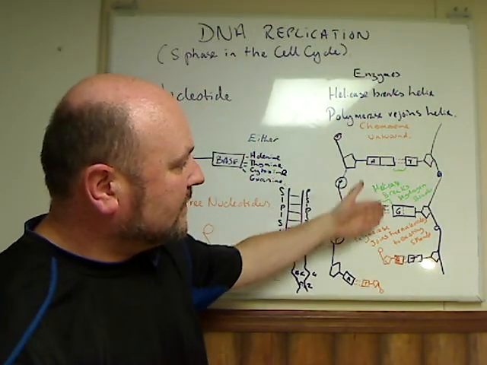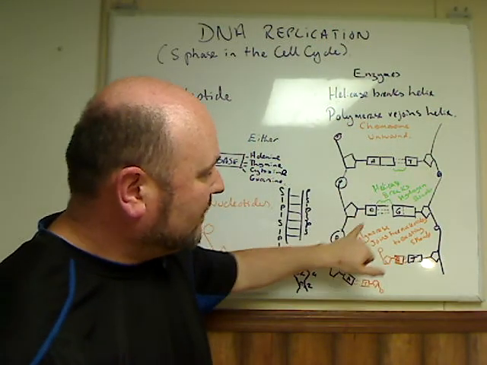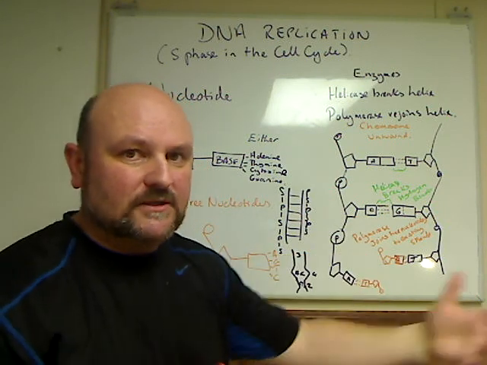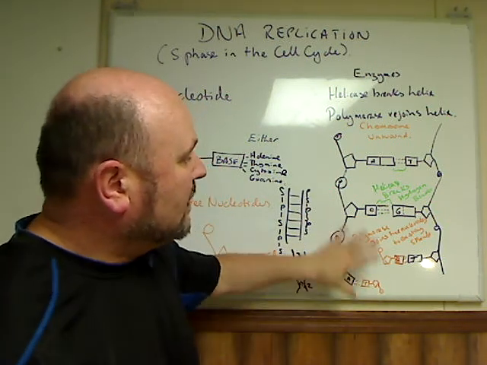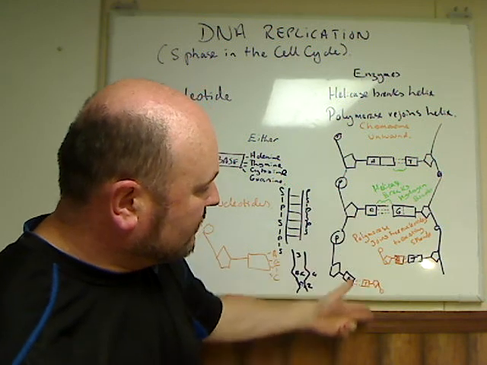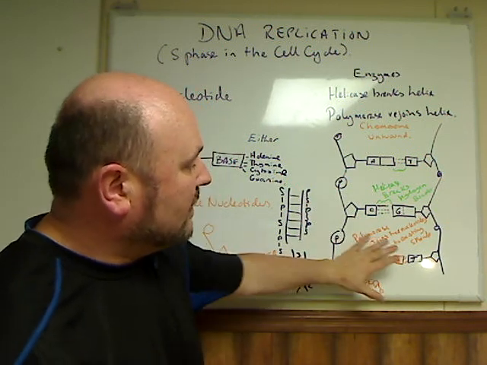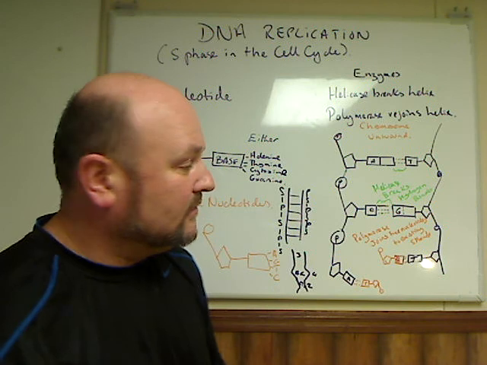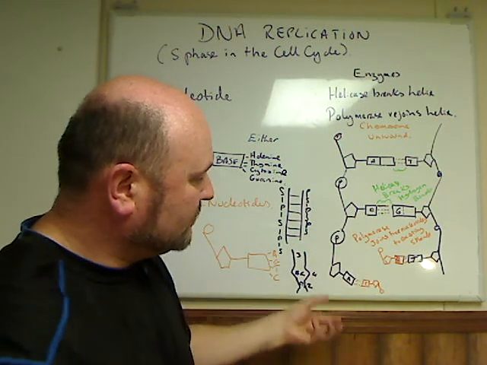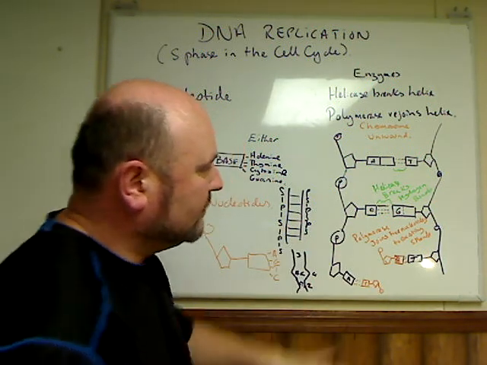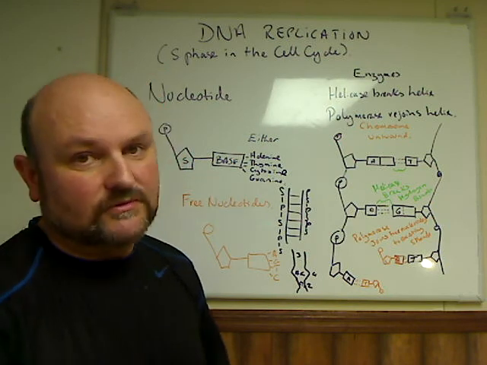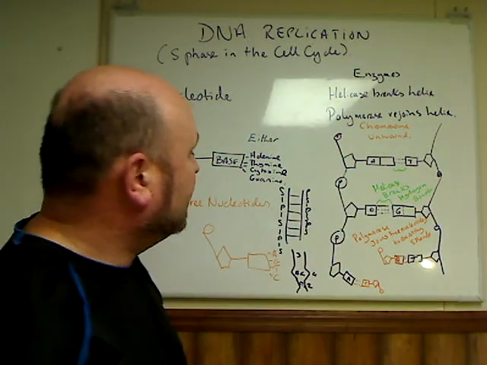Well, as helicase has broken it open, polymerase, polymer to make something big from small, has joined them together, joined them all the way along, and created the two new strands. So polymerase has made these hydrogen bonds, got them lined up in the correct sequence, and now we have two where there was one. And that's what happens in S phase.